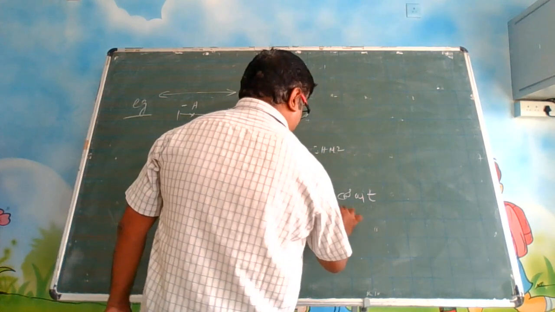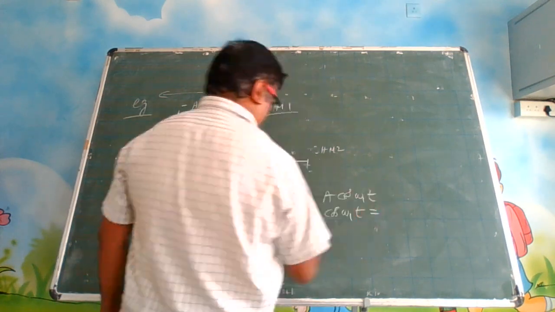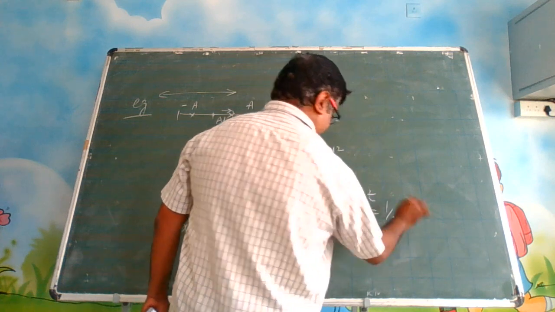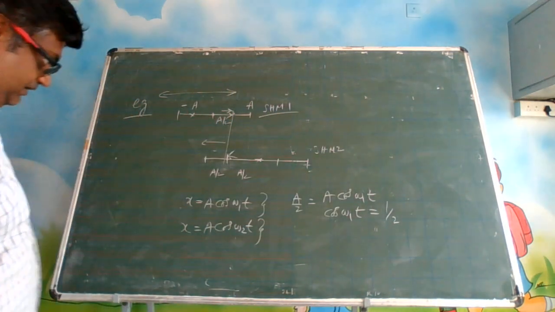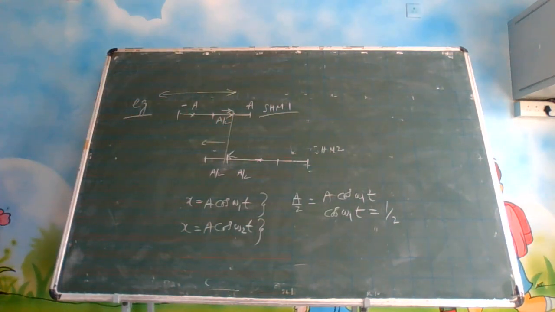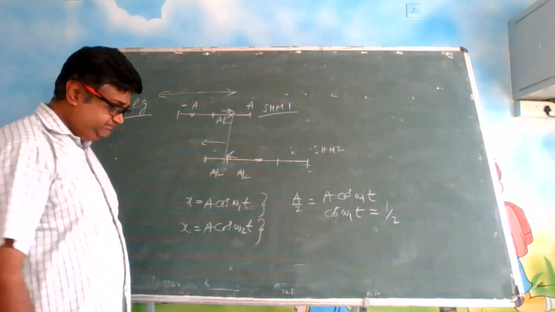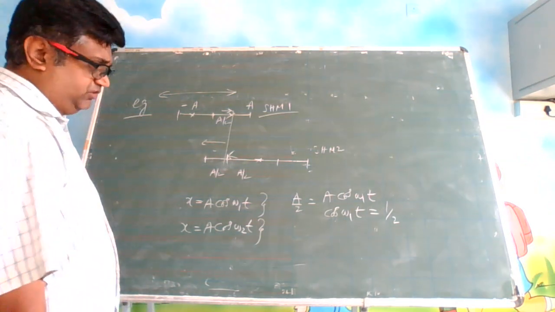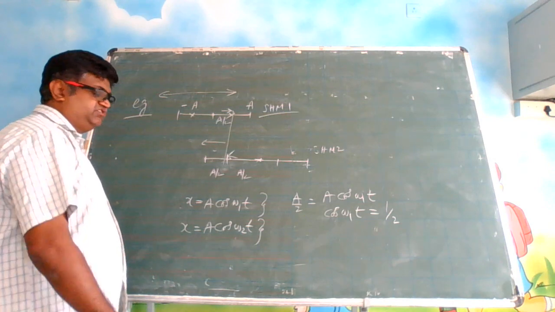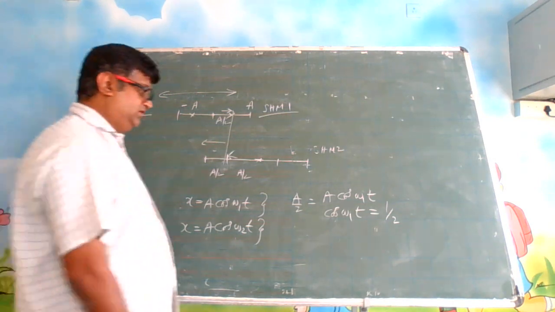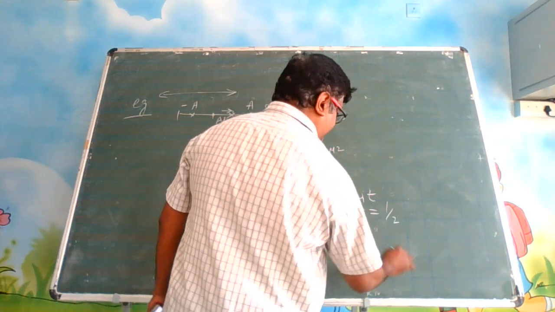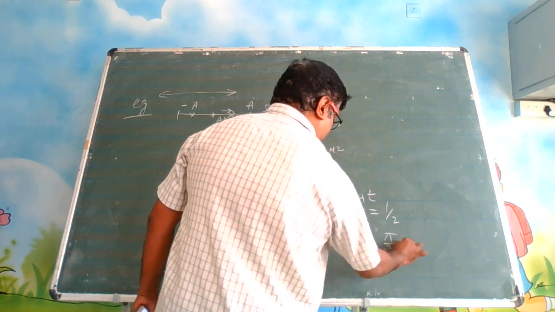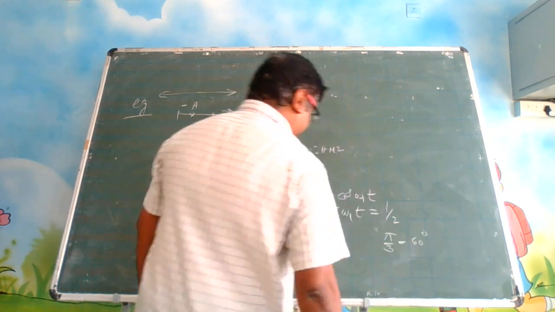So cos omega 1 t will be equal to half. When is cos value half? Cos value is half when it is cos 60 degrees, so one value would be 60 degrees, that is pi by 3.